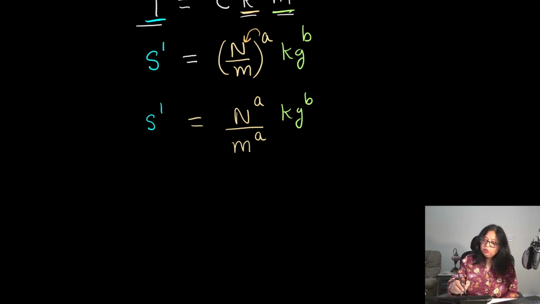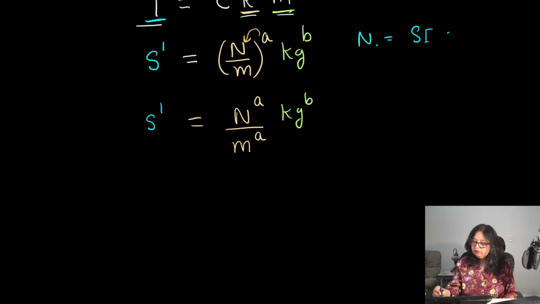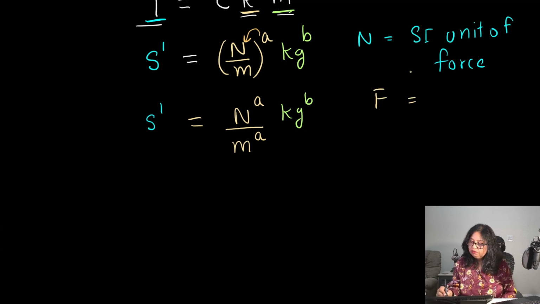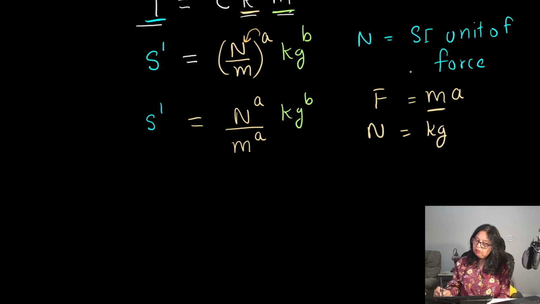Now this Newton, N, what is this? It is the SI unit of force. And from Newton's second law, force equals mass times acceleration. SI unit of force is newtons, SI unit of mass is kilograms, and SI unit of acceleration is meters per second squared.